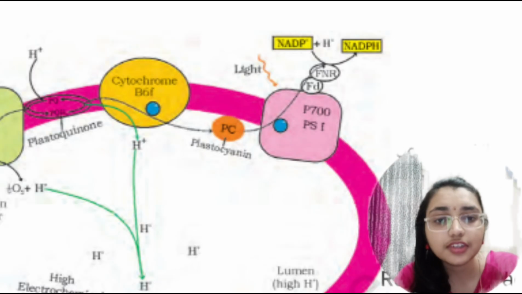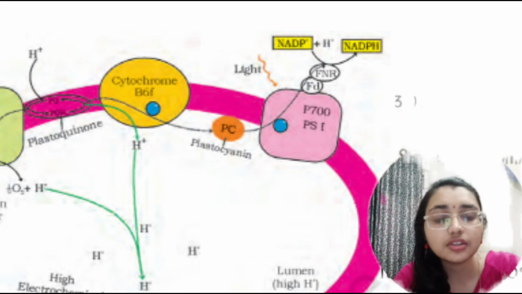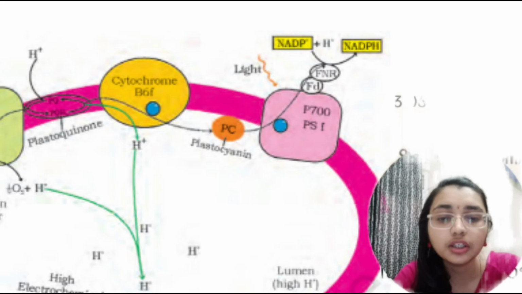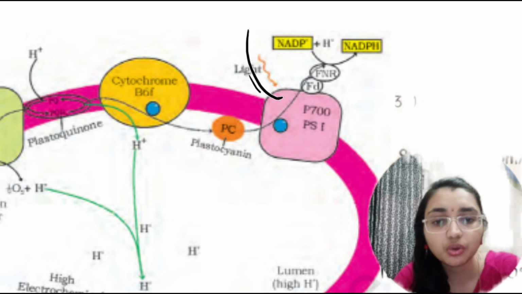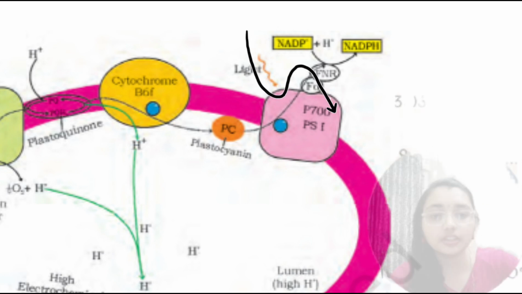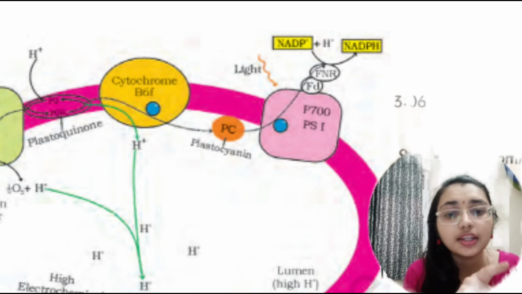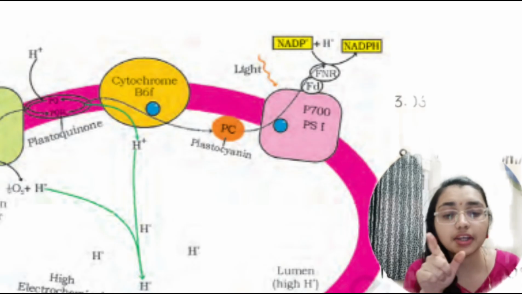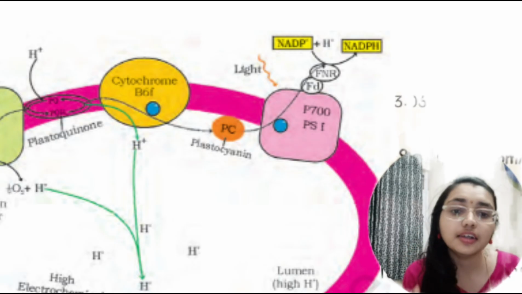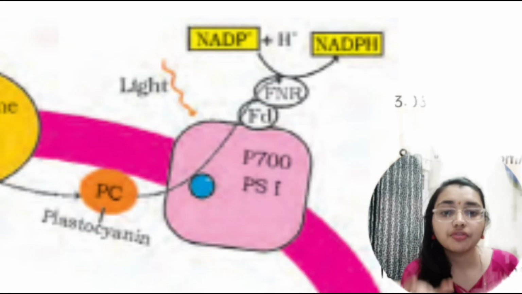Here on the outside, the stroma side of the membrane, the electrons reach P700, PS1, and they are passed to NADP, and the enzyme NADP reductase takes the hydrogen from the stroma.